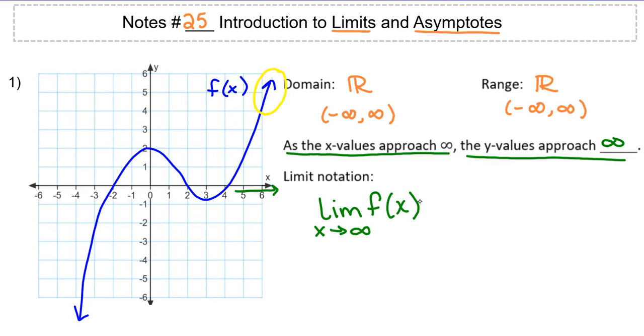F of x is the y value of the point, just like y is the y value of the point. And what does that limit equal? Well, we already discovered that the y values are heading toward infinity. So this part of the notation tells you what the y values are doing, as this part of the notation tells you what the x values are doing.